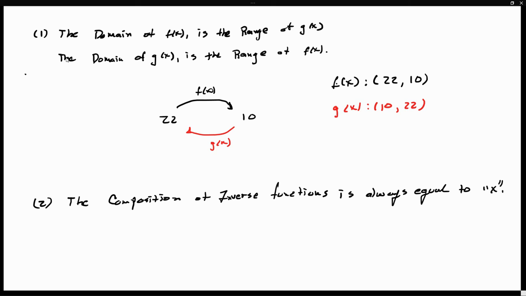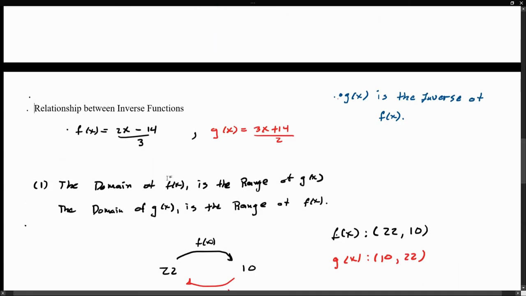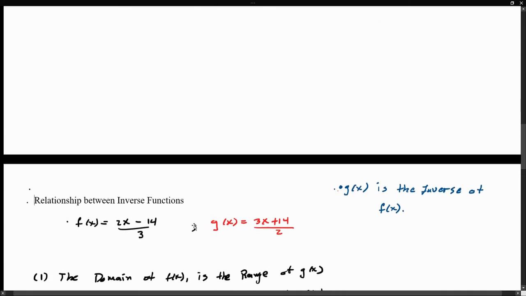And this will always be true. So let's do this example since we already know those functions. If I take the composition of f and g, which again is equivalent to just f parenthesis g, if I compose these two functions that I have already stated here, you will see that the result is always going to be x.